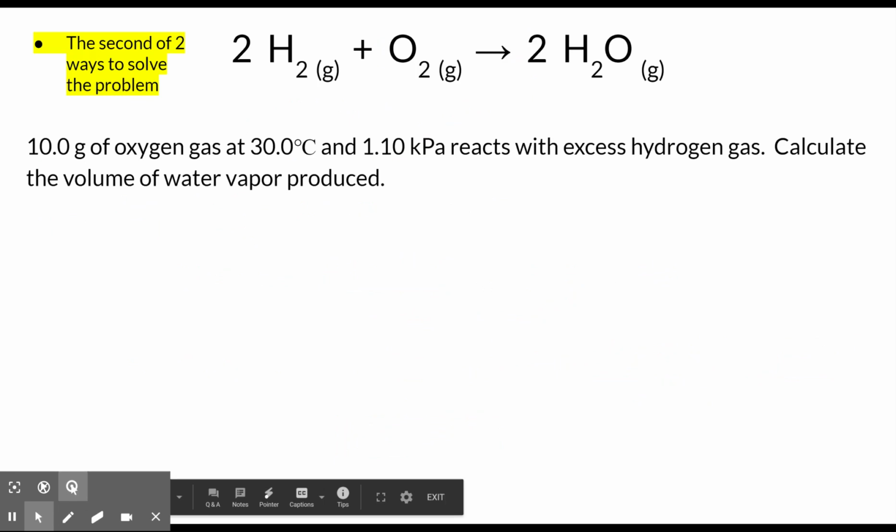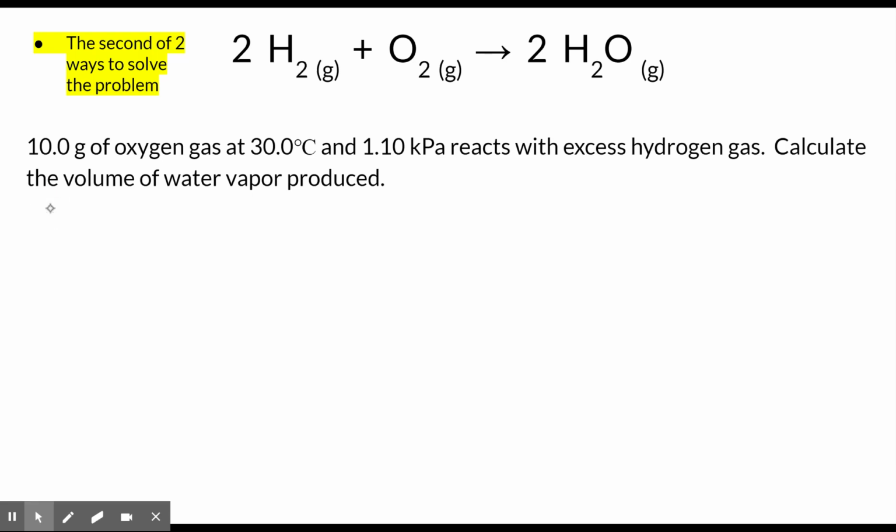The other way to solve the problem entails the proportion method, but realize that it's not actually much of a change when we compare this method versus the previous slide, because you still have to solve for the moles of oxygen. That's still important. So n of O2, I believe, was 0.3125 moles. So you would just solve for the moles of oxygen gas in the same way as we did before, just divide by the molar mass of oxygen.